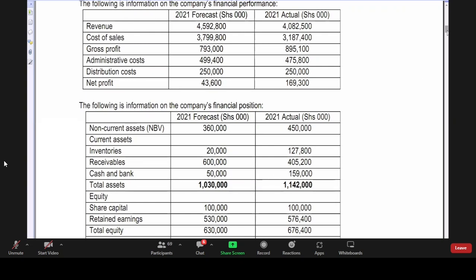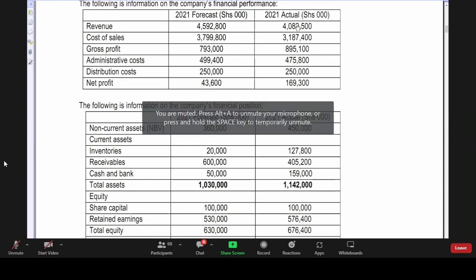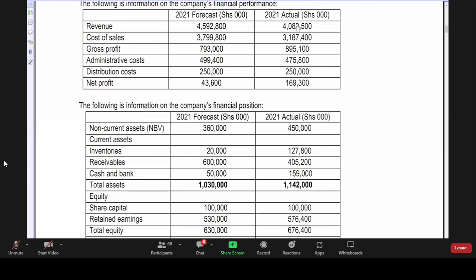Either the revenues are not as you anticipated, which is understandable because at 4.5 billion, you had considered having an inventory worth 20 million. But because you didn't meet your revenue, you're keeping a lot in inventory. Your revenue is down and your inventory is high. Okay? Are you getting it? Yes, sir.